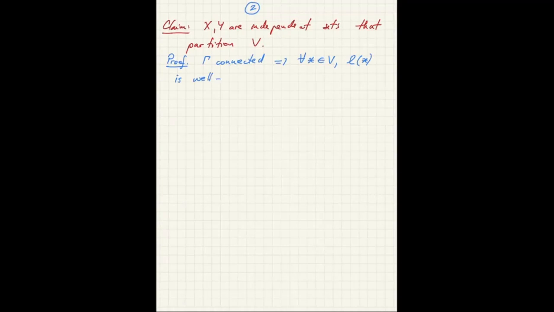There is a path, so this means there is a shortest AX path.